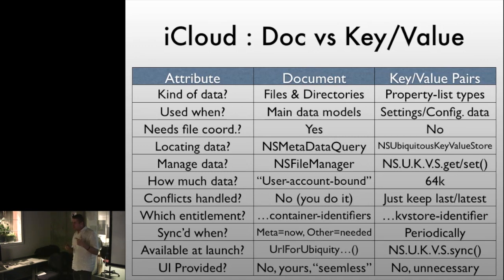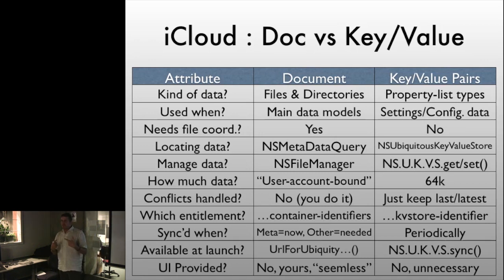How much data can you put in these file stores? In a document-based file store, it's user account bound. Like I said, it's however much the user has if they've signed up for an account, how much they get for free, how much they paid for. That's the size that you're limited by. In the key value pairs, it's 64K. That's all that you can store in your key value pairs.